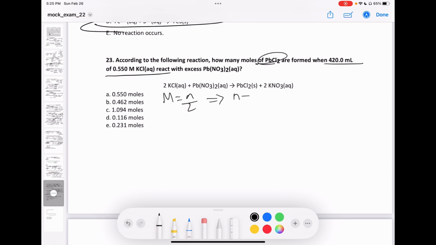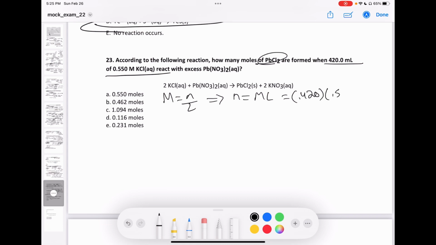Changing that around, you get moles equal to molarity times liters, and you're given both molarity and the volume, or the liters, of the KCl solution. So you just plug those in. Remember to convert the milliliters to liters.